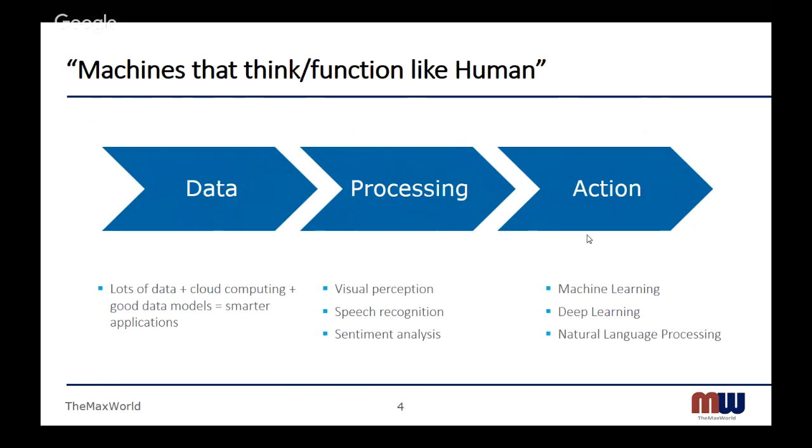So input data being processed by cheap computing power and a set of algorithms, outputting the desired output or desired action. That's the way probably we can simplify the whole machine learning or artificial intelligence thing.